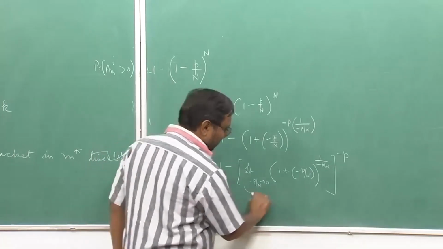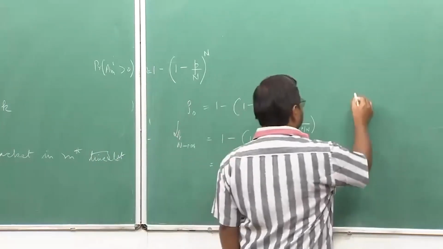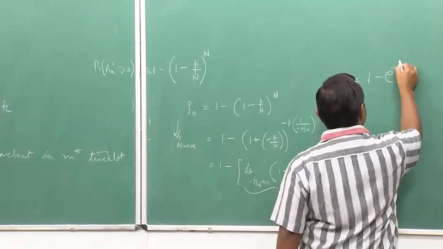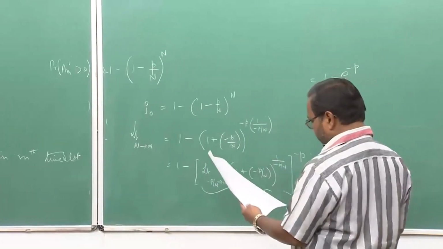So, this is nothing but an expression for the exponential. So, this results in 1 minus e raised to power minus p.